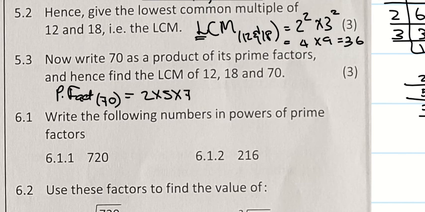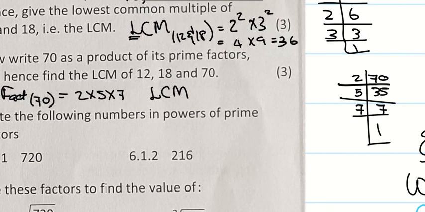Okay, so what did I say now? Once we want to determine the LCM, now it becomes really easy. All we have to do, we have to write our numbers here. So our numbers is going to be 12, 18 and 70. Who wants to help me with this?